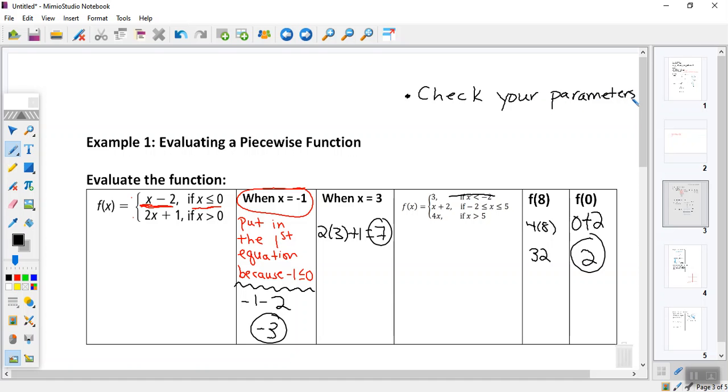Check your parameters. And then figure out which one of the parameters works. Then just evaluate them. Okay, check your parameters, then evaluate, okay?